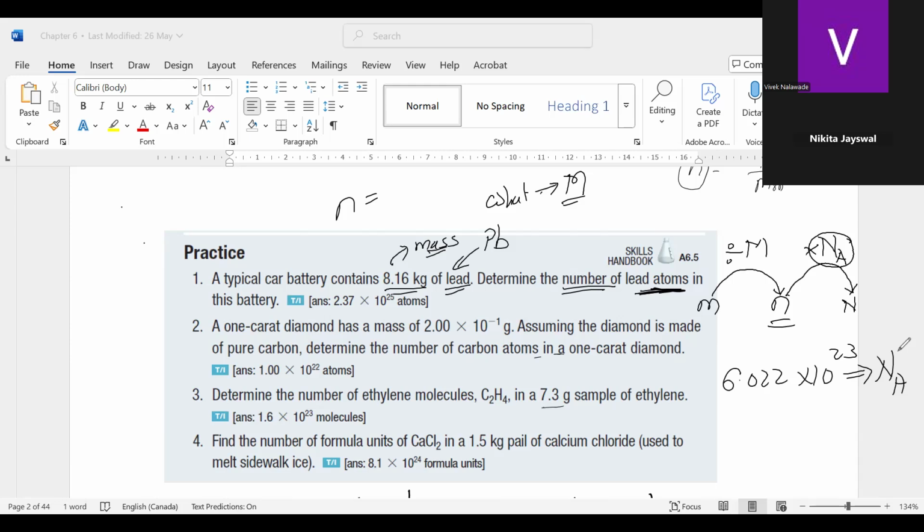Have you made a note of this? Yeah, I just forgot. That's wrong. 6.022 into 10 raised to 23 is Na. Okay. So did you get the N?